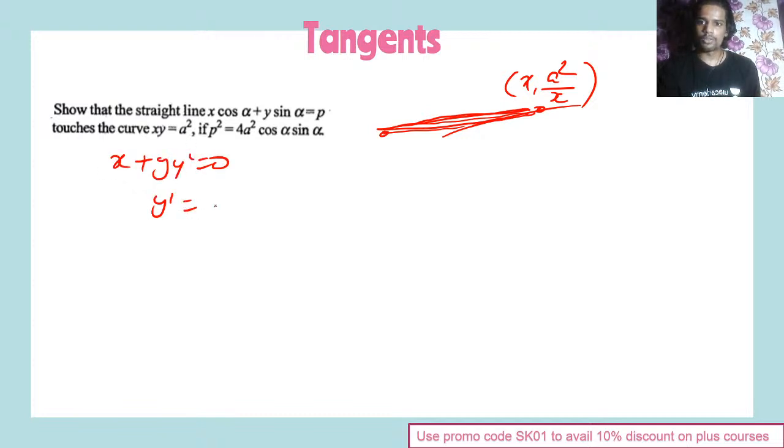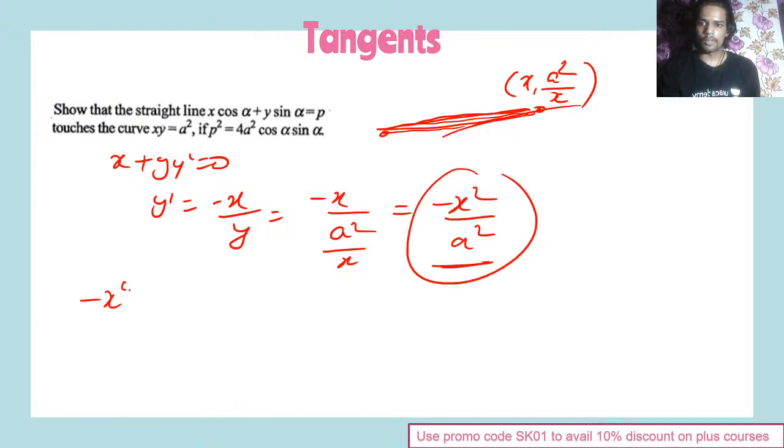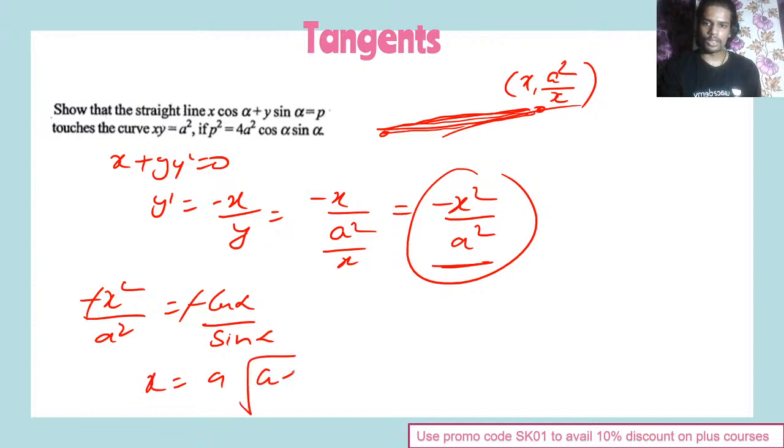So y dash is equal to minus y upon x. What is y? y is a square over x. So the answer would be minus a square upon x square. And this slope should be equal to the slope of this line, which is minus cos alpha upon sin alpha. If you solve this, you will get x equal to a root cos alpha upon sin alpha.